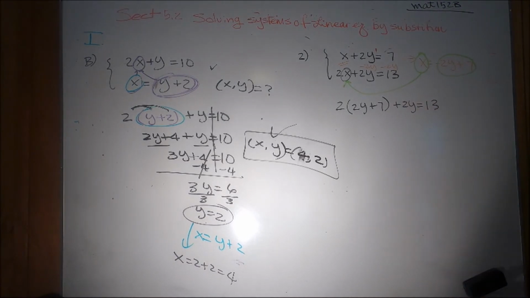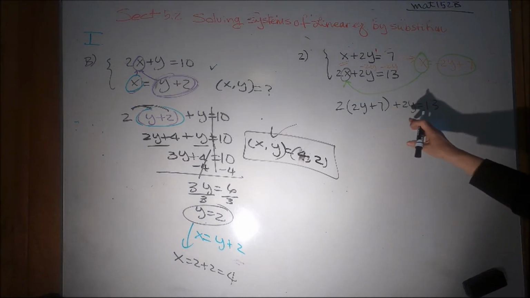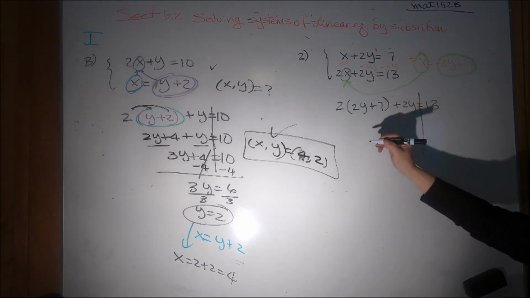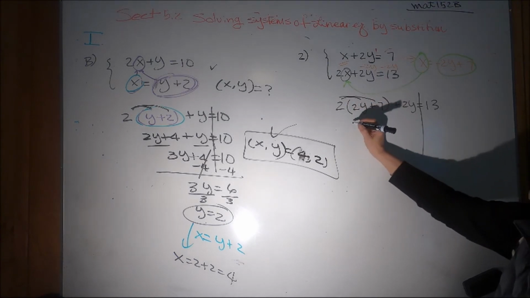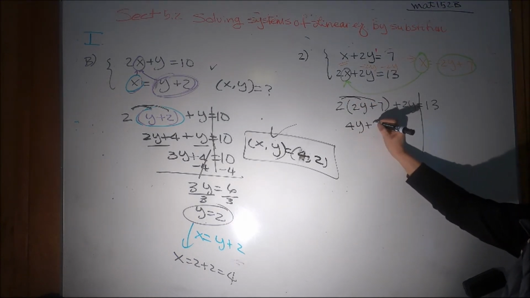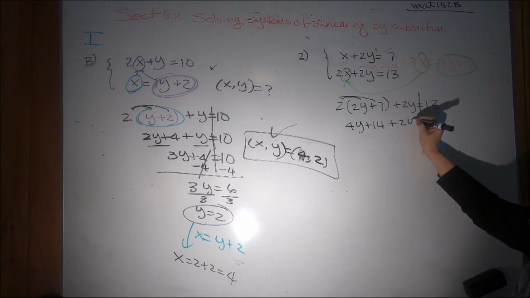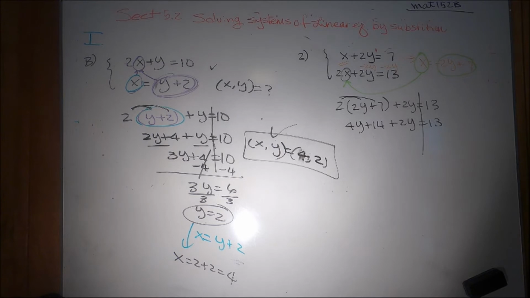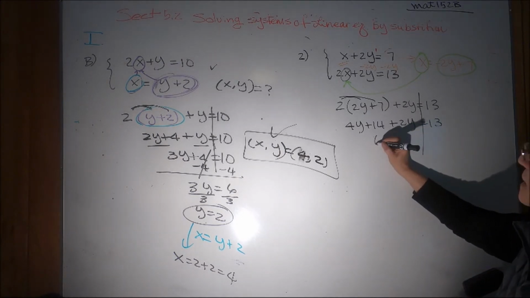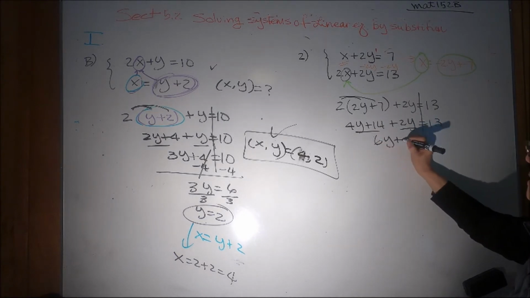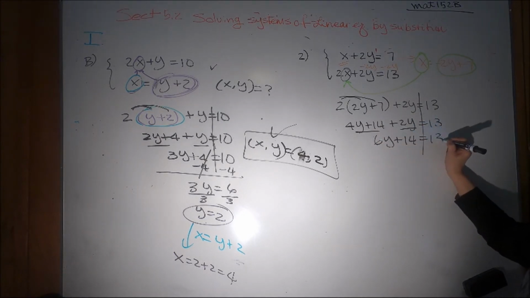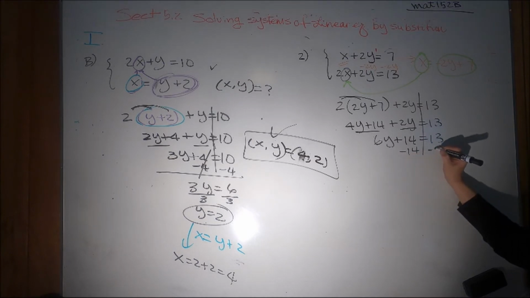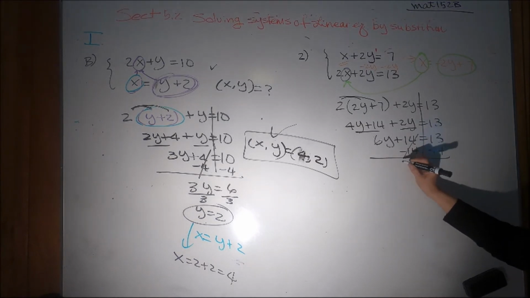So we make two variables, two equations, down to one variable, one equation. And then solve it. Distribute: 4y plus 14 plus 2y equals 13, right? Then what do we do? Combine like terms. Simplify each side. 6y plus 14, right?